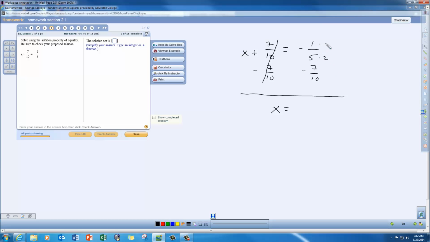We do that to the bottom, we have to do that to the top. So now we're left with -2 minus 7 over 10, which will give us -9 over 10. And we notice that this cannot be reduced any further, so we get this as our solution. Once again, make sure to check your work.